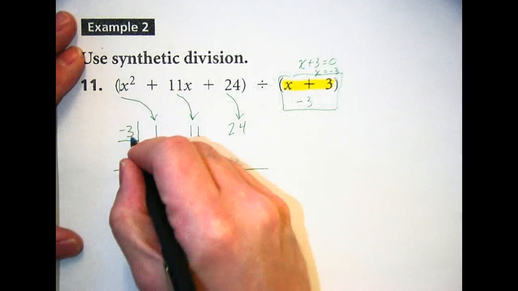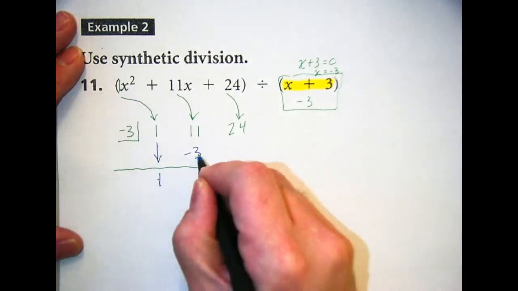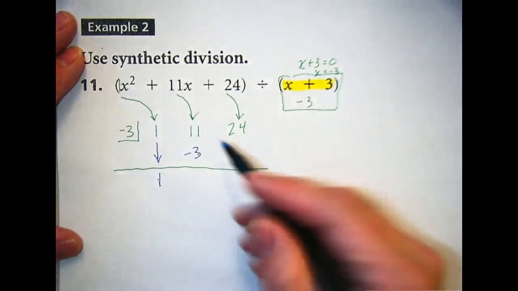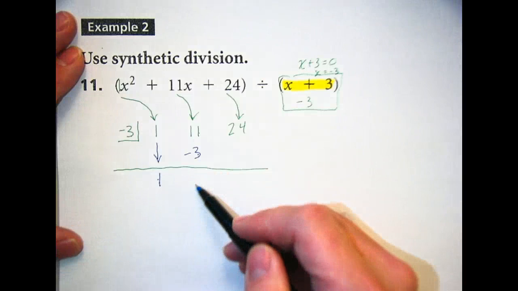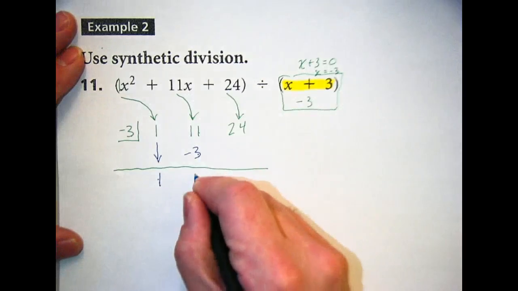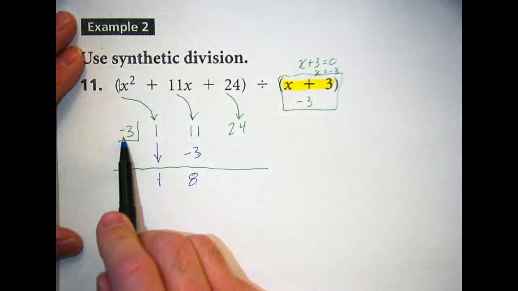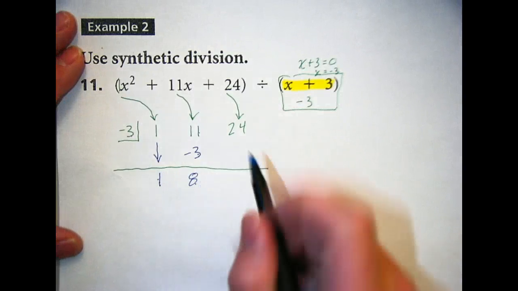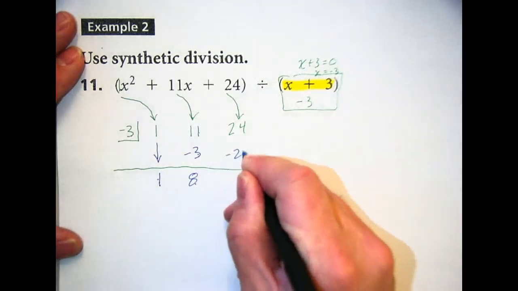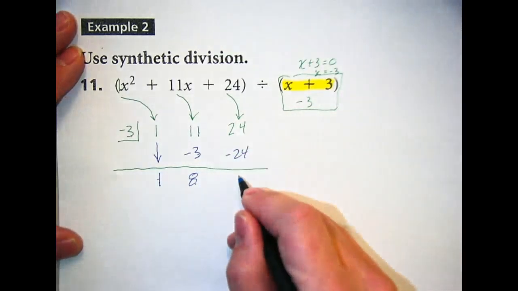So you multiply from here to there, which goes there. And then you add 11 and negative 3 is 8. And then you multiply. Negative 3 times 8 is negative 24. And you add and you get 0.